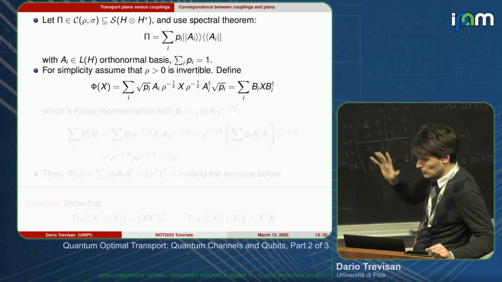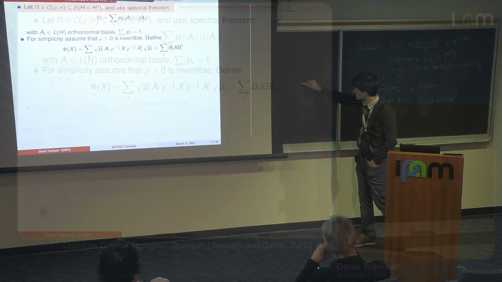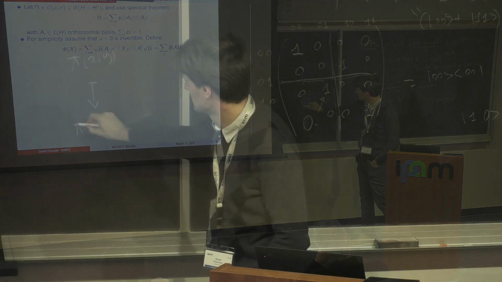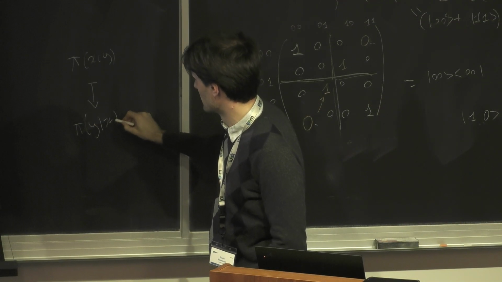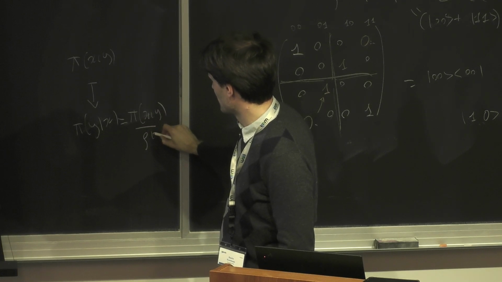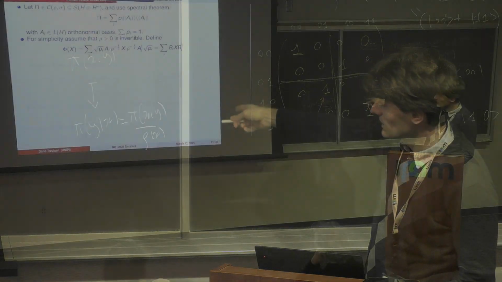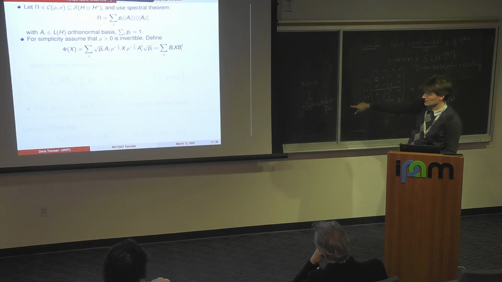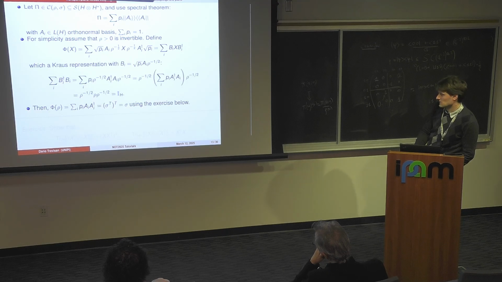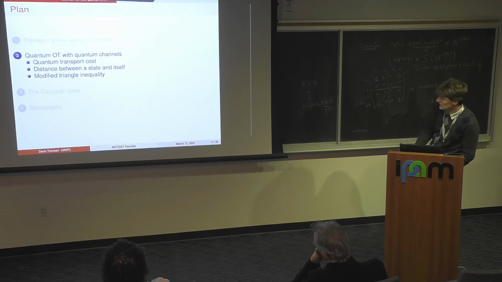It's a sort of non-commutative way of doing what we did classically: we started with pi of x,y and built our pi of y given x simply by taking pi of x,y and dividing by rho. So somehow this is a non-commutative analog of this operation. You start with pi and you want to build the kernel. Okay, you build the Kraus operators. And now there is something to check, but maybe we can skip this.